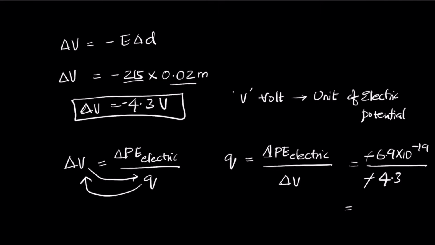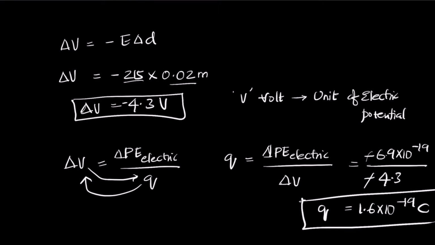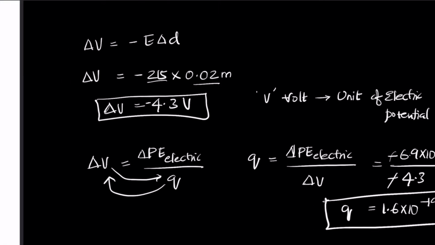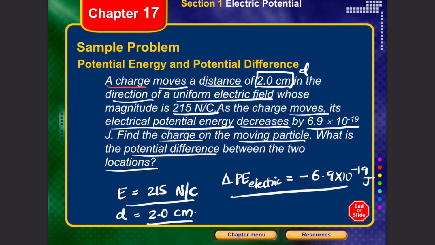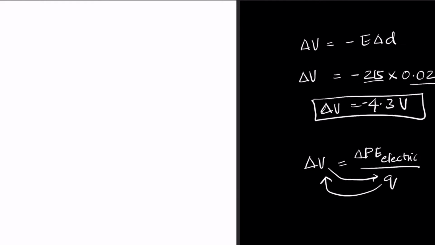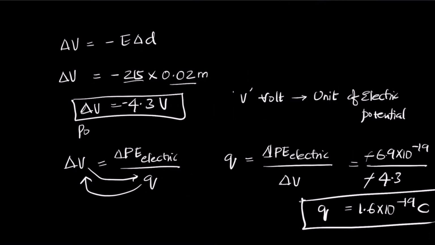The minus signs cancel, so you have 6.9 divided by 4.3, that becomes 1.6 times 10 to the power negative 19 coulomb. This is the charge on that particle. This is how you can solve this problem. They asked us to first find the charge, and also to find the potential difference. We found this is the potential difference and this is the charge. So we found both the answers.